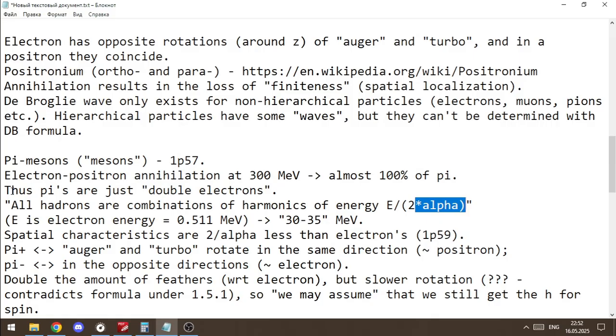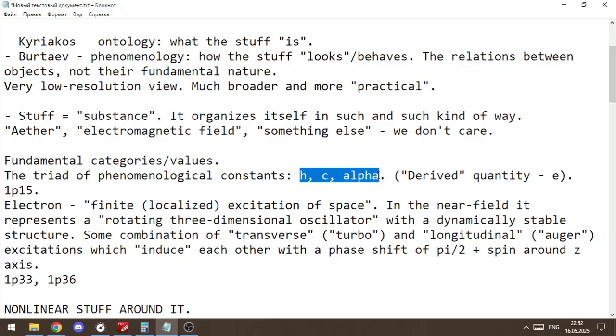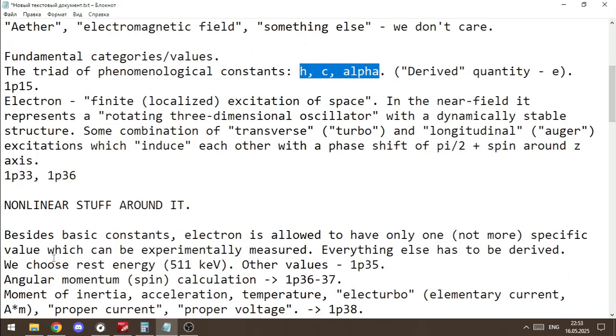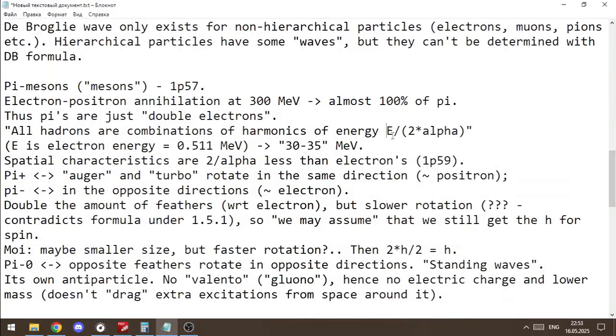But again, when we increase energy, the spatial scale decreases. And Burtaev claims that it decreases alpha times, because again, we've already agreed that we're only going to work with H, C, and alpha, period, right? And we only measure the electron's energy, 511 keV. So 1 feather will thus be able, and we can calculate it like this, okay?